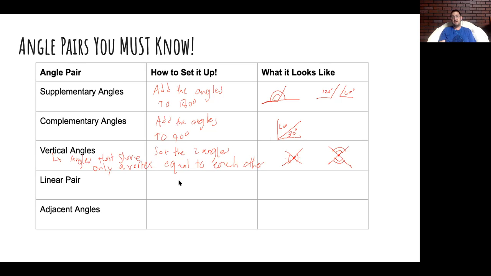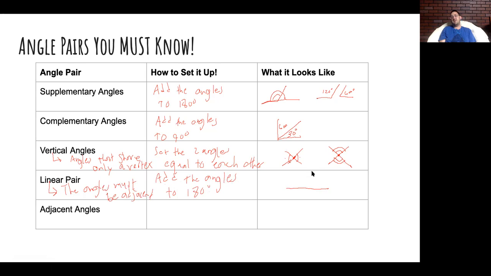Linear pair, this is adding to 180. And these actually must be next to each other, or as we will say, adjacent.